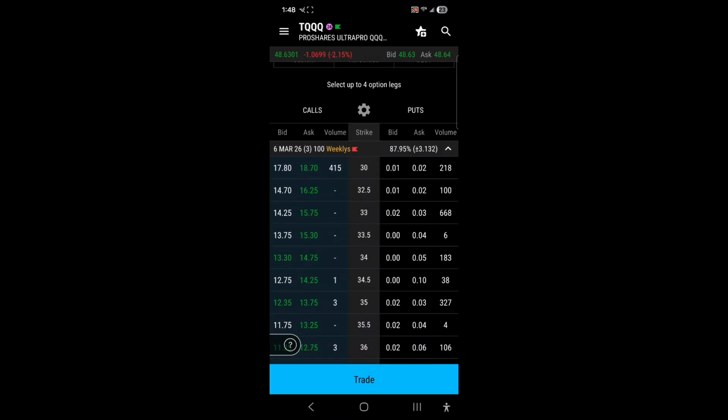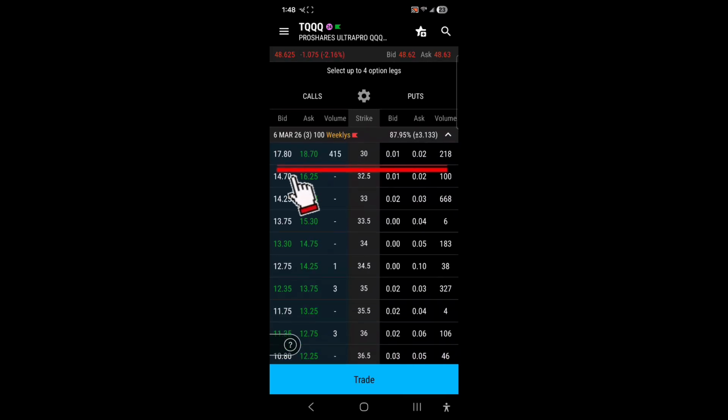It reveals numbers here. Let me start at the strike. Now it reveals the strike. What is the strike? The strike is the actual price of the contract, the number that the price of the share has to hit. Okay, so the strike is the number.